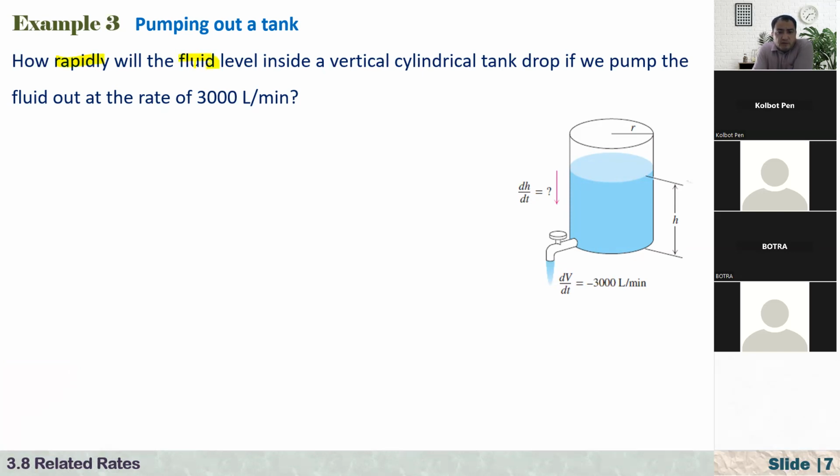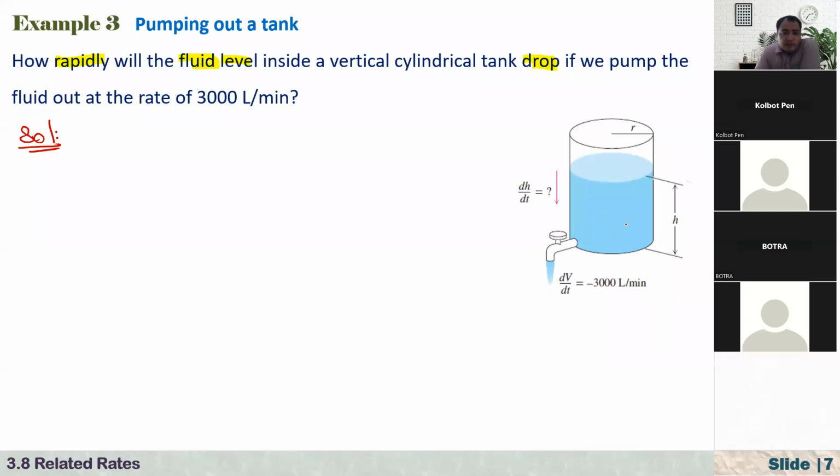How rapidly will the fluid level inside a vertical cylindrical tank drop, meaning decrease, if we pump the fluid out at the rate of 3000 liters per minute? Okay.